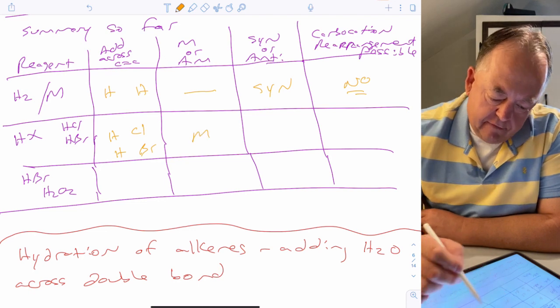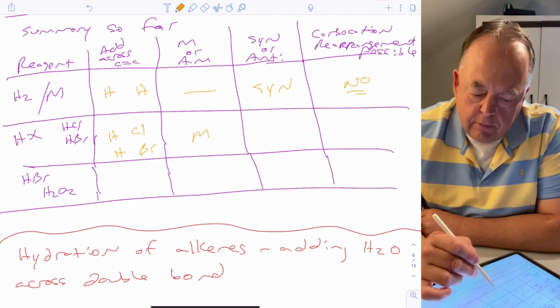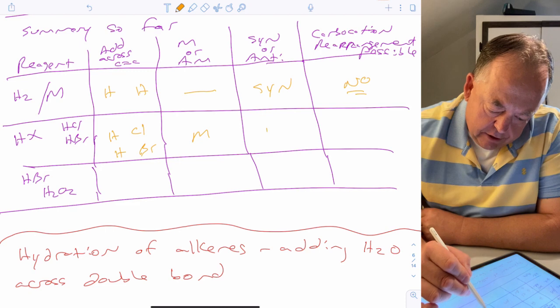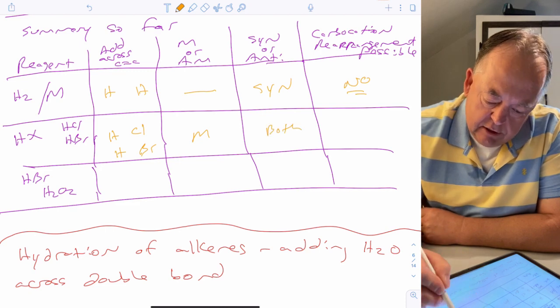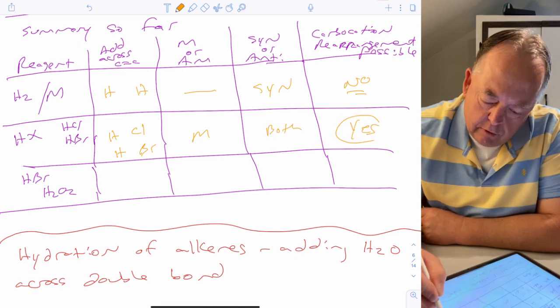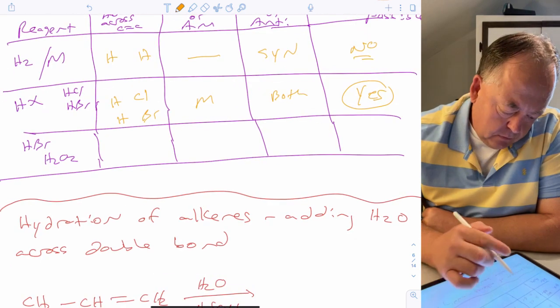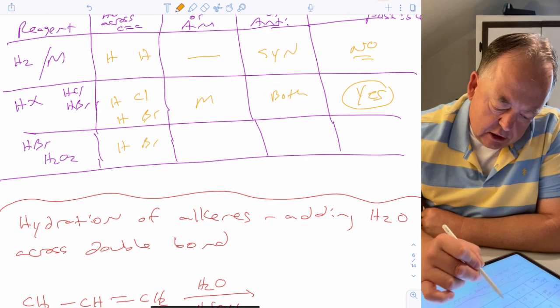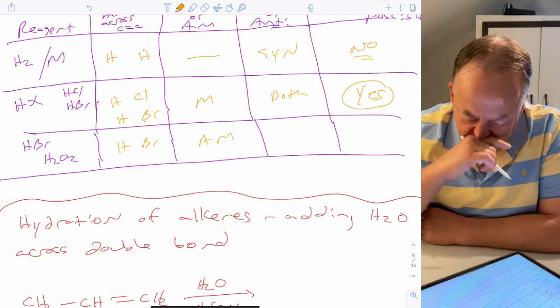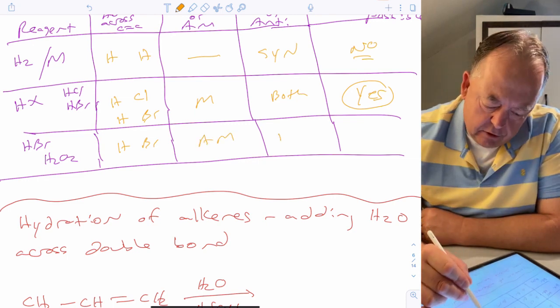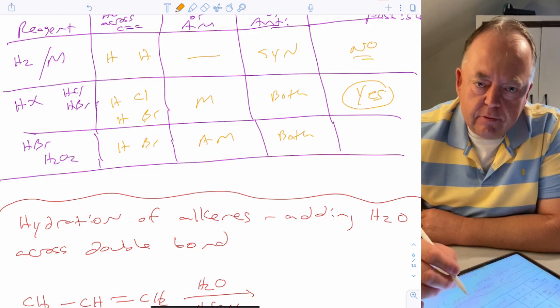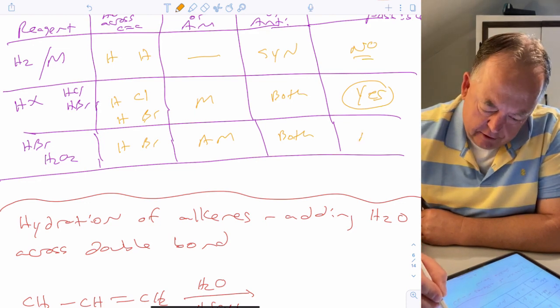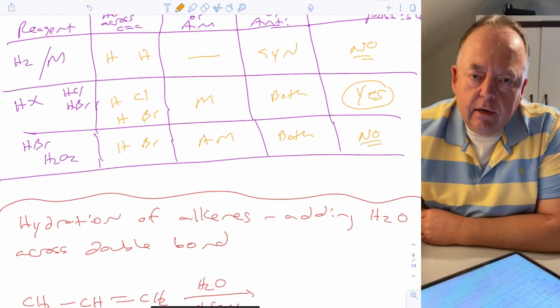It's Markovnikov, so hydrogen goes to the carbon with the most number of hydrogens. You get both syn and anti addition, and you do have to worry about carbocation rearrangement. If it's HBr, H2O2, you add H and Br across the double bond. It's anti-Markovnikov. We didn't go over the stereochemistry, but it's both. You get all possible stereoisomers. And there's no carbocation, so you don't have to worry about rearrangement.